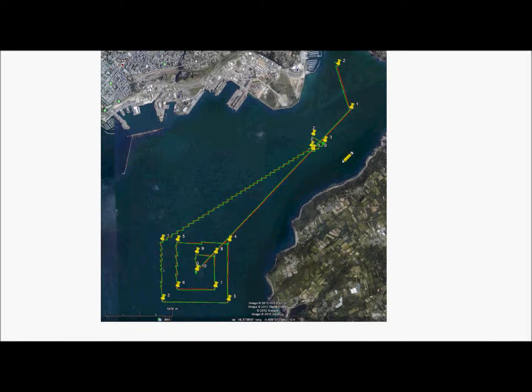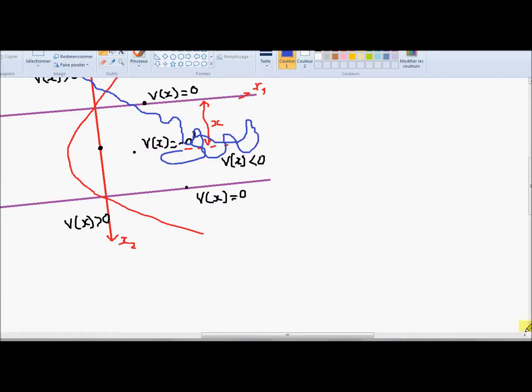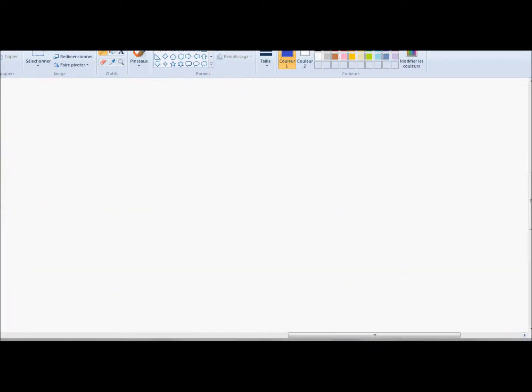So we can see in red the wanted trajectory. I will try to represent here on the picture the wanted trajectory.